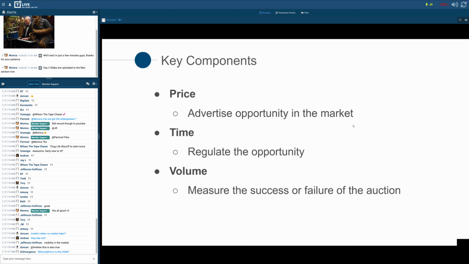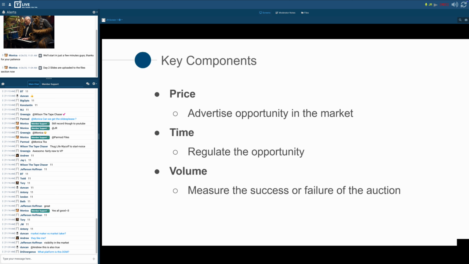Okay, so key concepts. Price advertises opportunity in the market. This is a key Jim Dalton concept, right? So you see a price, it's an advertisement for an opportunity. Sometimes we'll explore how the profile will analyze prices that are unfavorable through volume gaps and such.